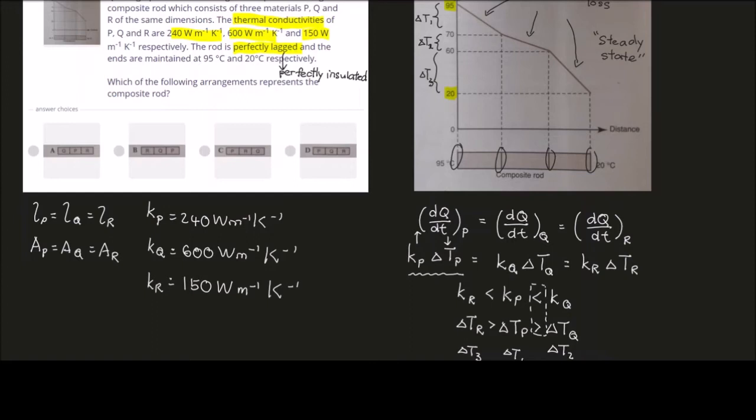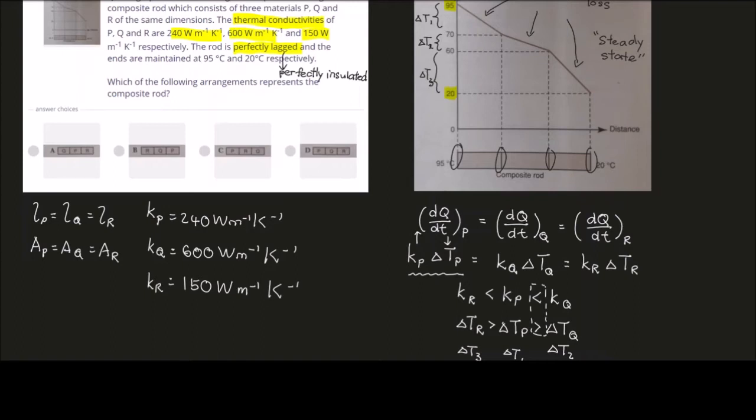Okay, so now we can match to say that delta T3 is actually delta TR, delta T1 is actually delta TP, delta T2 is actually delta TQ.